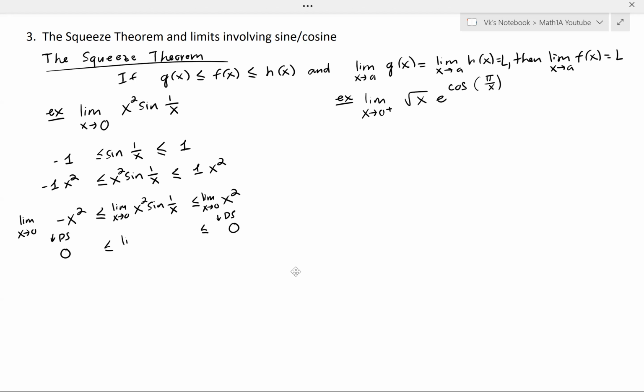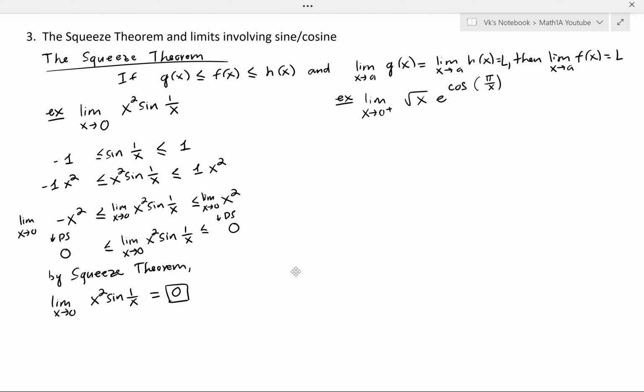And therefore, you see that the limit as x goes to 0 of x squared sine 1 over x is between 0 and 0. So by the Squeeze theorem, the limit as x goes to 0 of x squared sine 1 over x has to be 0. Wow, beautiful.